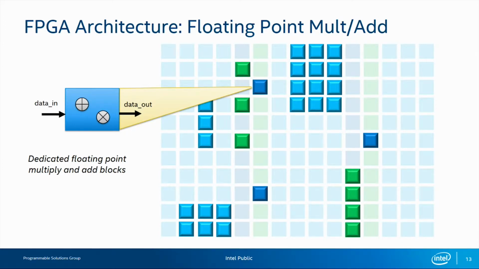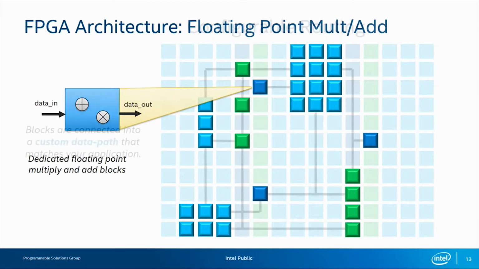And in a single DSP block, you either have two 18-bit precision multipliers, or one 27-bit precision multiplier, or one single precision multiply and single precision add. So that's the typical building blocks of the core FPGA.